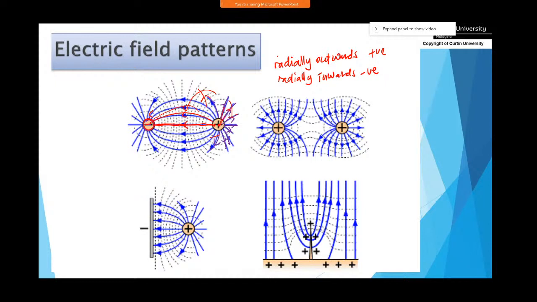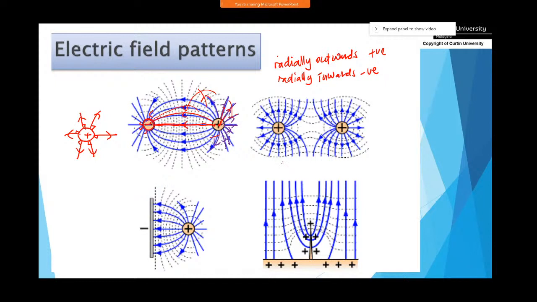So it means actually it is coming out straight from the center of the point charge, or we can say your electric field must be 90 degrees relative to the surface. Okay, so when it goes into your negative charge here, if you look at here, they are all 90 degrees relative to the surface.